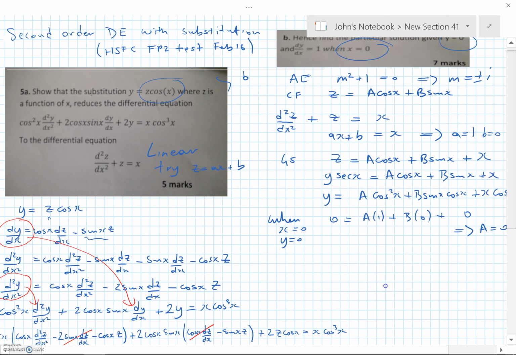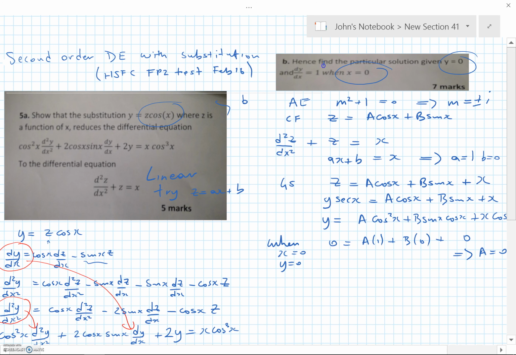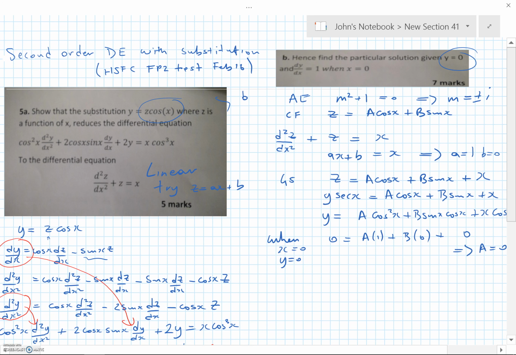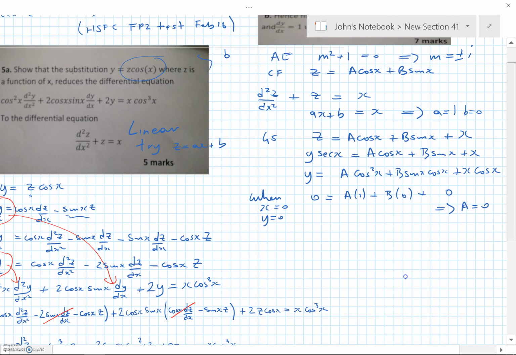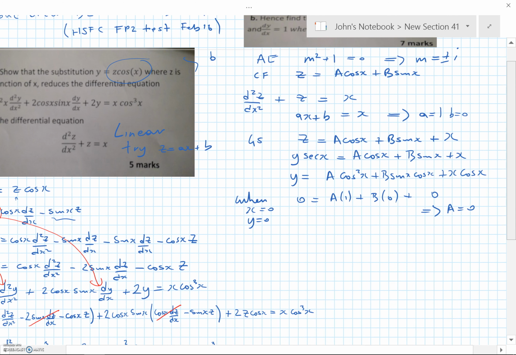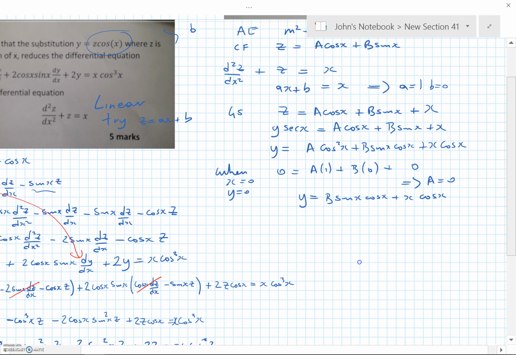Well, we're going to have to differentiate because we're told the value of dy by dx when x equals 0. So let's differentiate our term. But let's write it out now, because we've taken the cos squared bit out now. So that's going to make it easier. So now let's differentiate this.